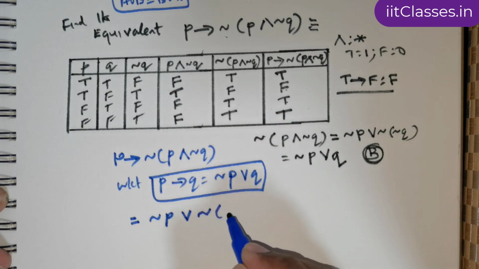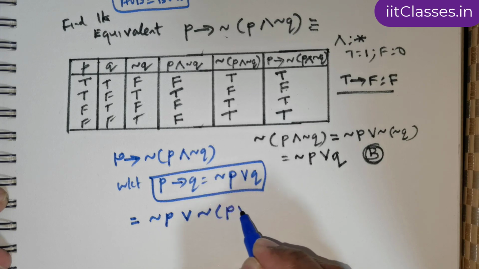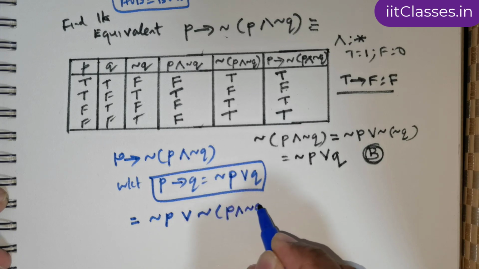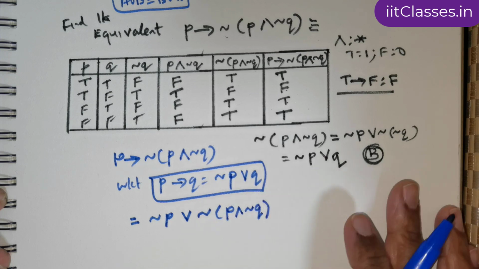So there's going to be negation of P conjunction negation of Q.